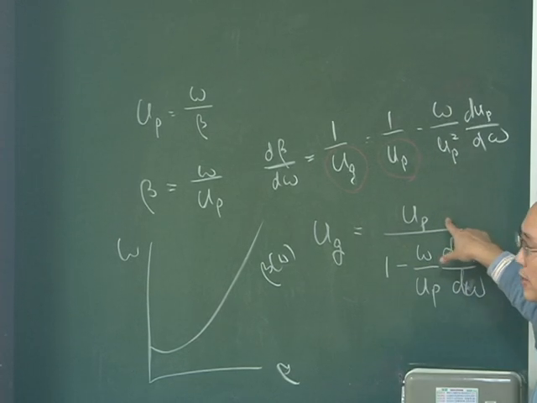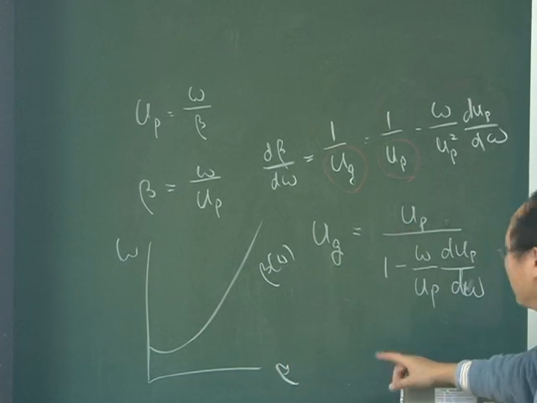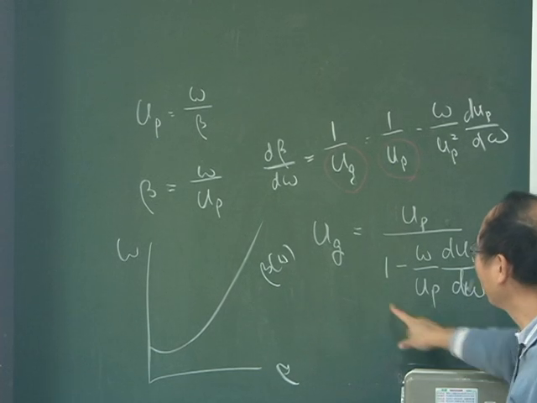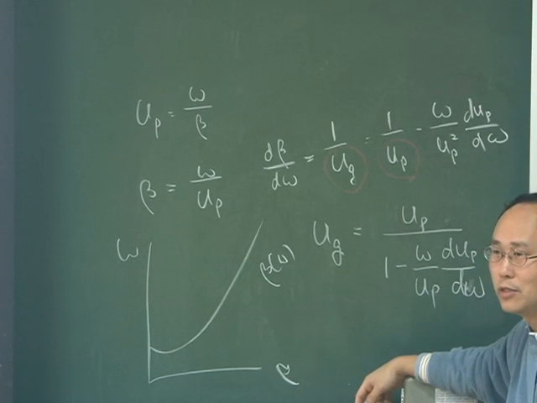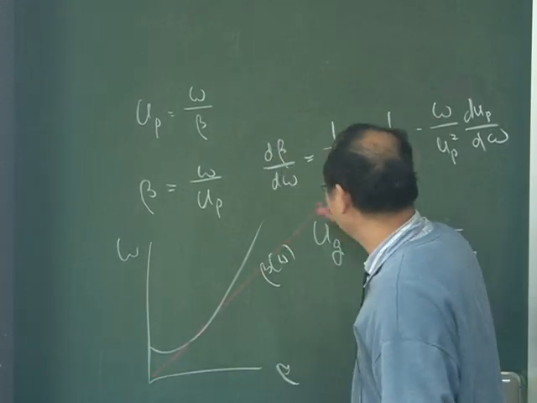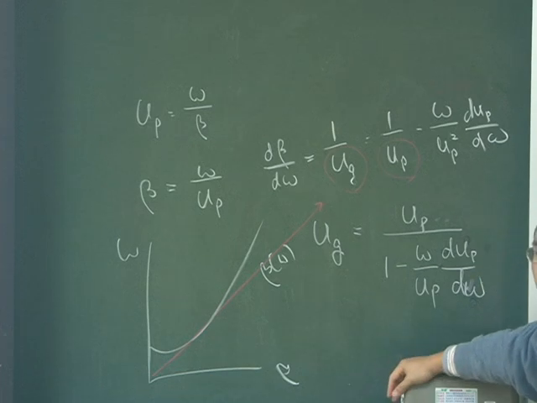So if you know the phase velocity, and if you have this omega beta diagram, so you have the information of DUP over d omega, then you can calculate UG, the group velocity. In the case that you have a linear curve, this differentiation is equal to 0. So UP equal to UG.